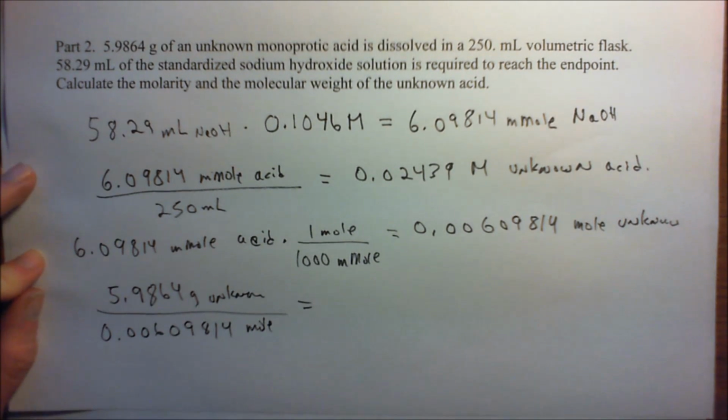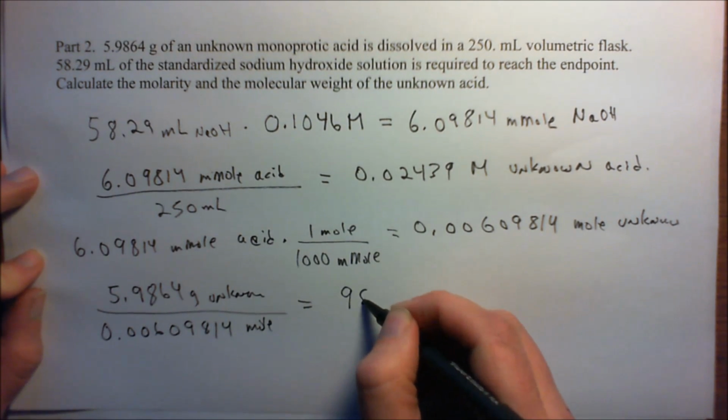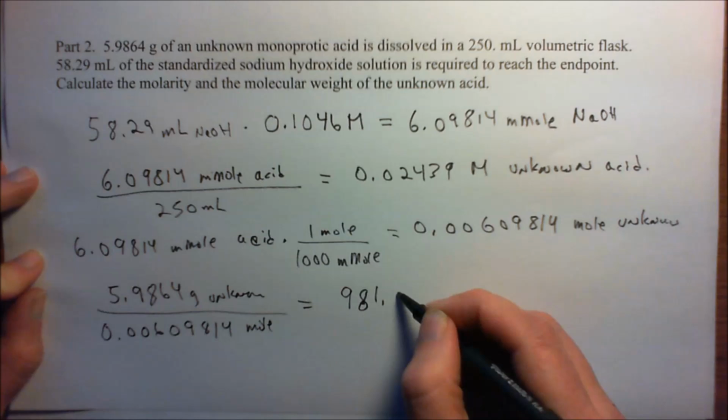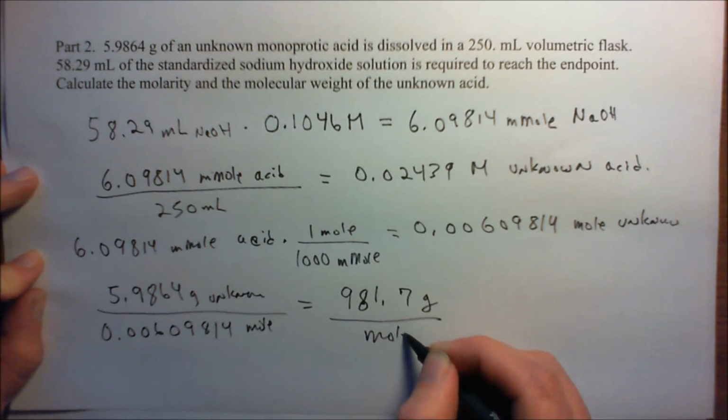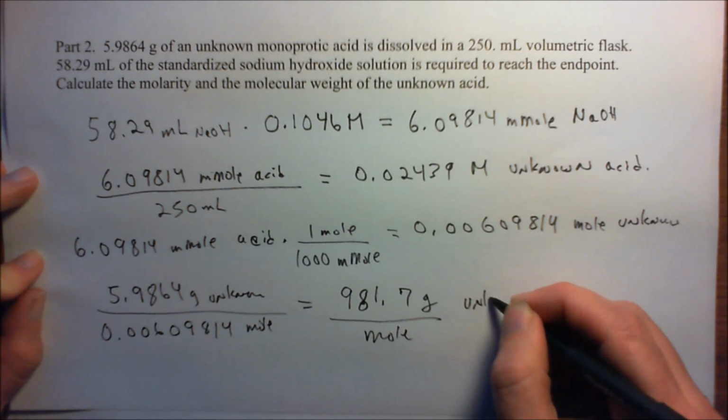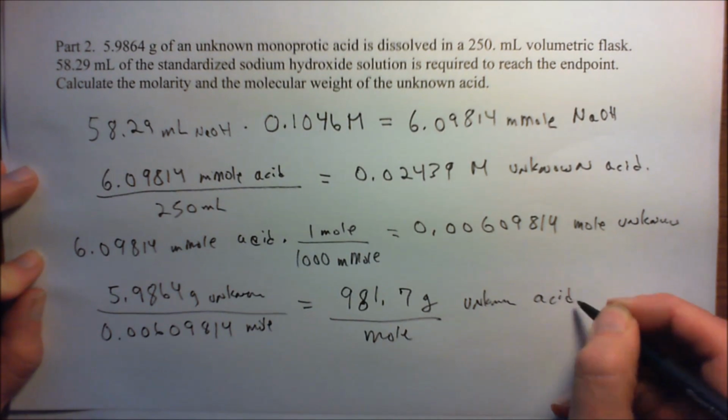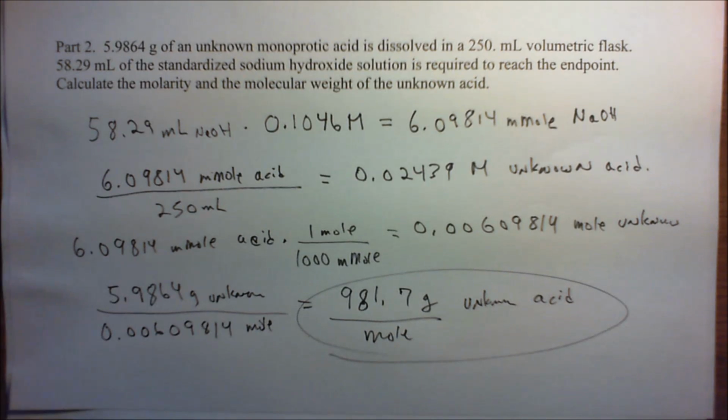We put this in our calculator, and we get a final answer, 981.7 grams per mole, unknown acid. And there is the molecular weight of our unknown, determined by titration.